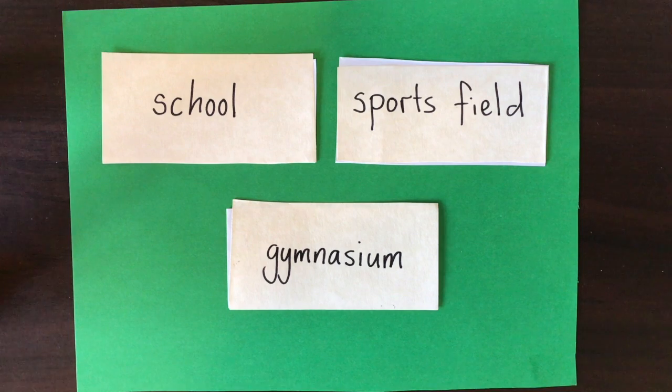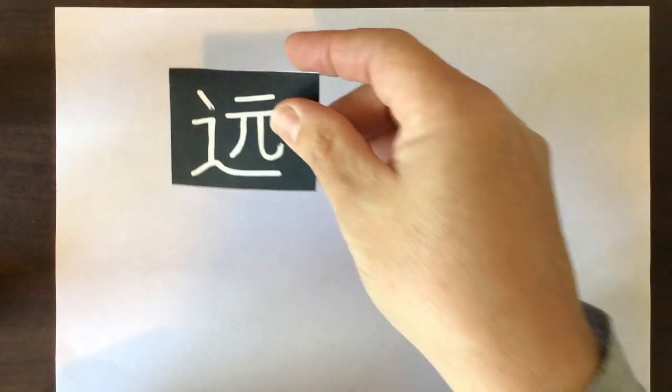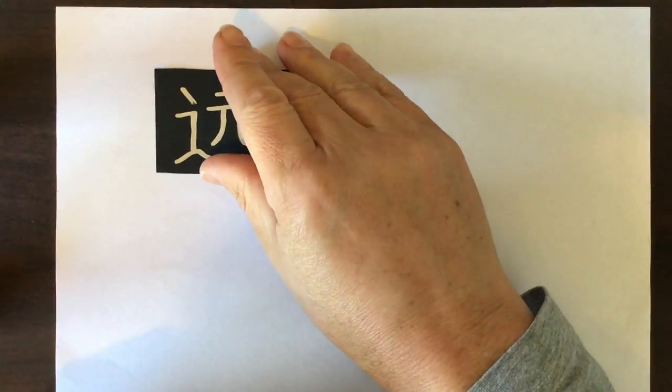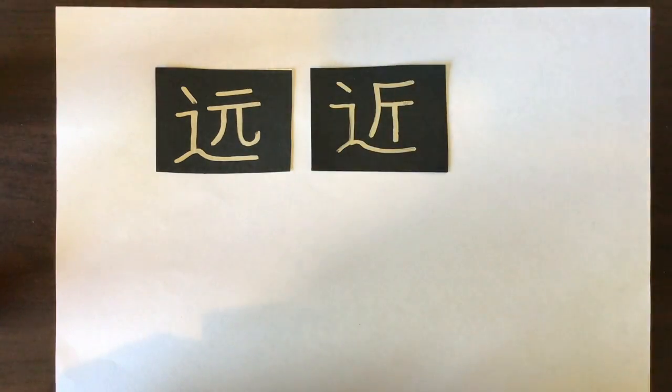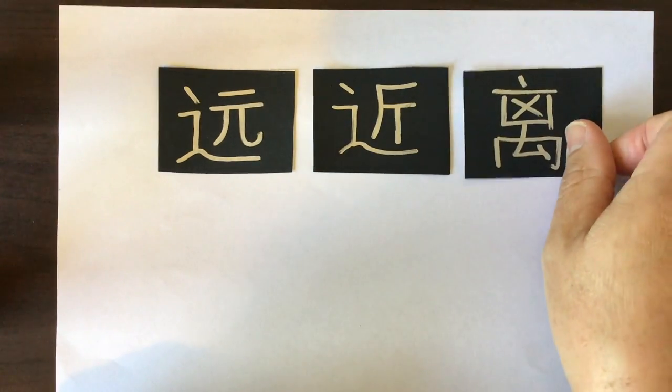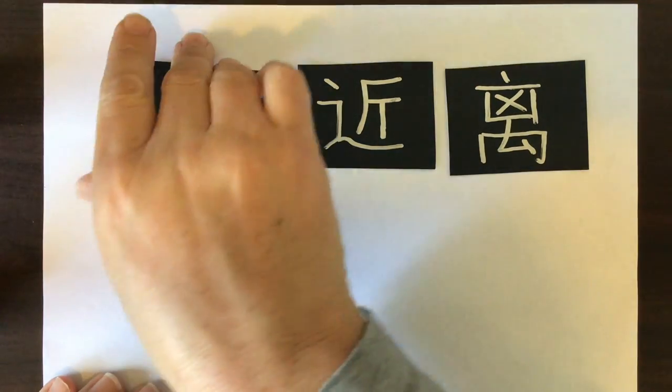Now, let's take a look at our words for today. Today we have some new words as well as some words that we've been looking at over the last few sessions. So we have yuan, jin, and li. These are our new words. Yuan means far.